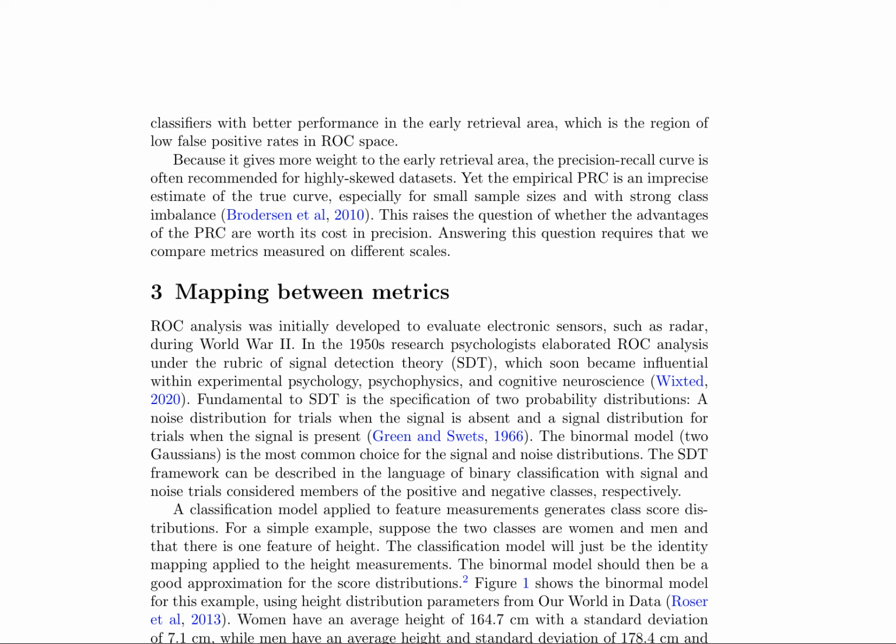A classification model generates class score distributions, which can be approximated by the binormal model. For example, consider a simple classification problem where the two classes are women and men, and the feature is height. The classification model would be the identity mapping applied to the height measurements.